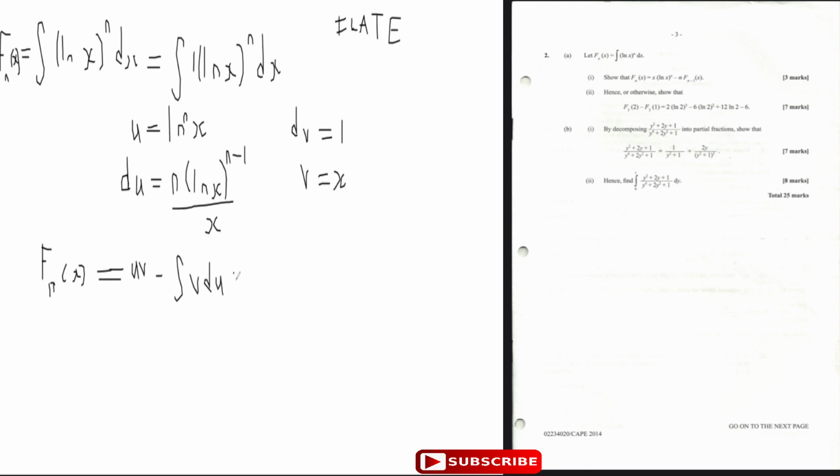So it's going to be u times v, that's x ln x raised to the n, minus the integral of v du. Now x times this, the x is going to cancel. And then I'm going to factor out the n to have the integral of ln x to the n minus 1 dx.